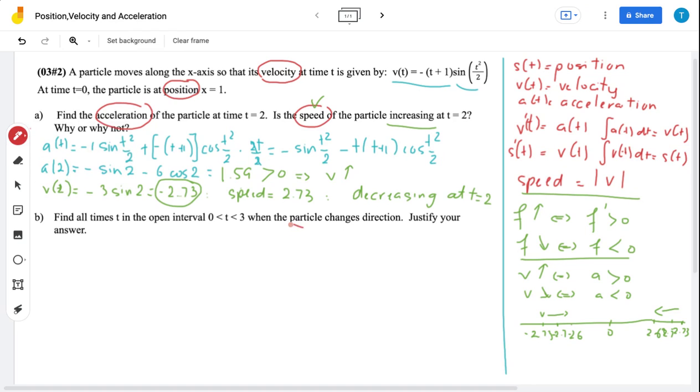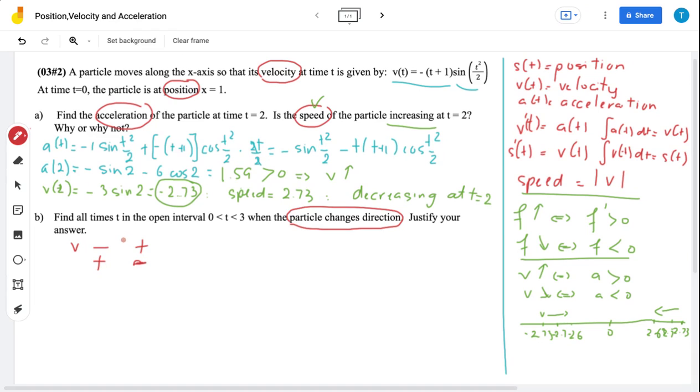When the particle changes direction, that means the velocity changes sign. Velocity goes from negative to positive, or velocity goes from positive to negative.